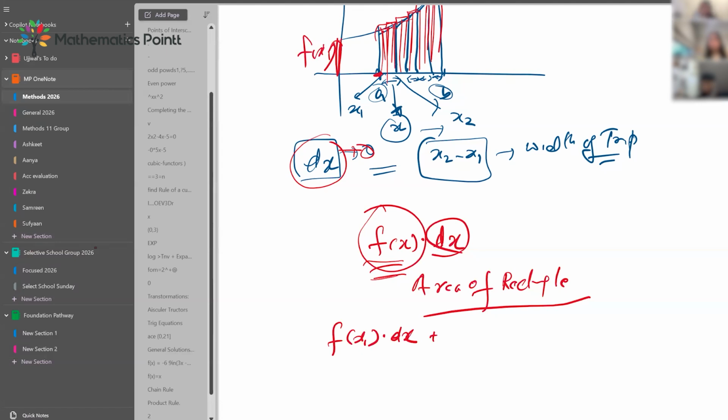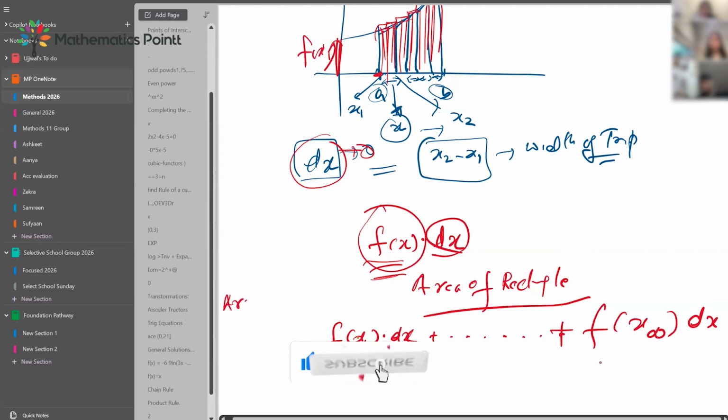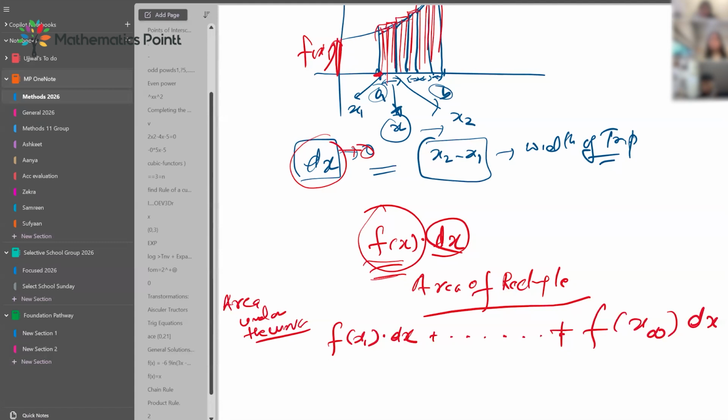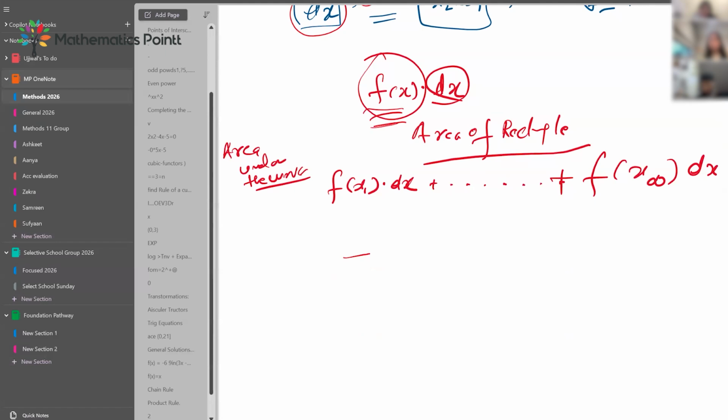And now I have added infinite f of x times dx. I have to add all of them. Right or wrong? This will give me the area under the curve. So now I don't like writing this up. So I write it like this. I say, okay, add all. This is the sigma sign.